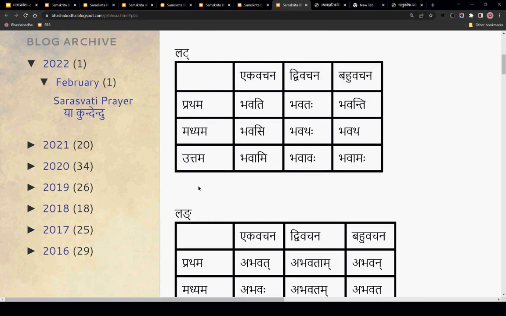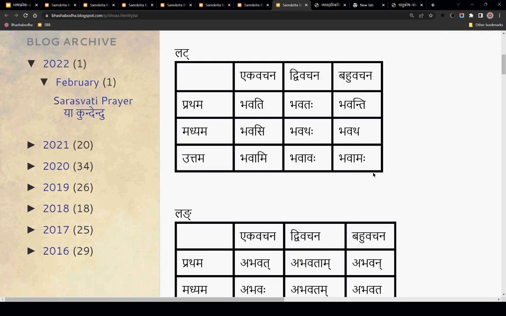When the karta, the doer, is aham, avam or vayam, uttama purusha forms must be used: aham, uttama purusha ekavachana; avam, uttama purusha dvivachana; vayam, uttama purusha bahuvachana.